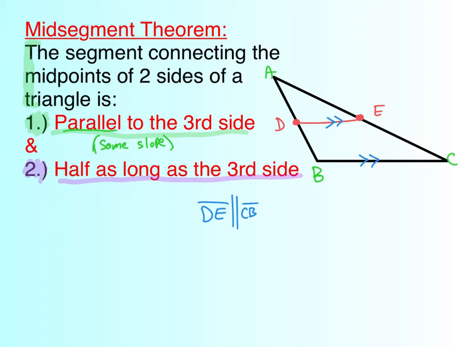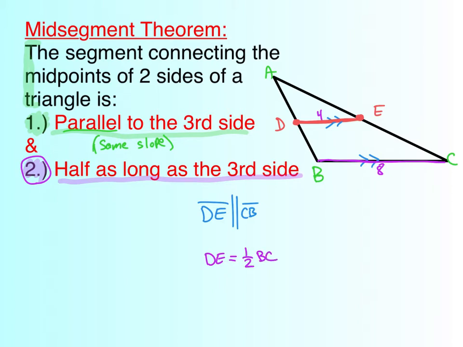And then number two says that it's half as long as the third side. So if segment DE was 4, then segment BC would be 8. And take a look, this red line is clearly smaller than this purple line. So that's how you could easily tell which is which. So then I could say DE is equal to 1/2 of BC.